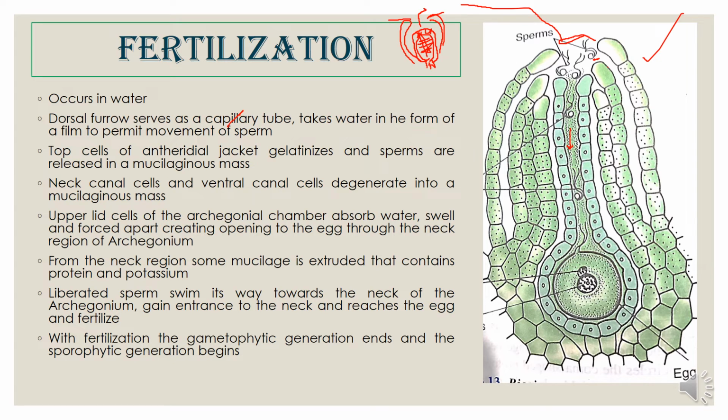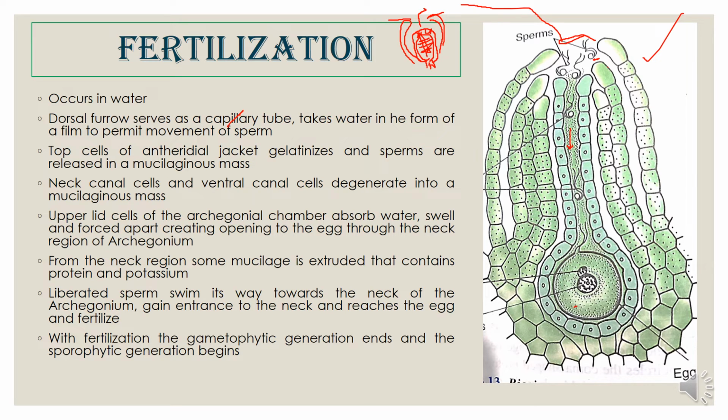And after fertilization, we know that the gametophytic generation, that is the dominant phase, ends with the gamete. And then when the gametes fuse, the resultant cell is the zygote.